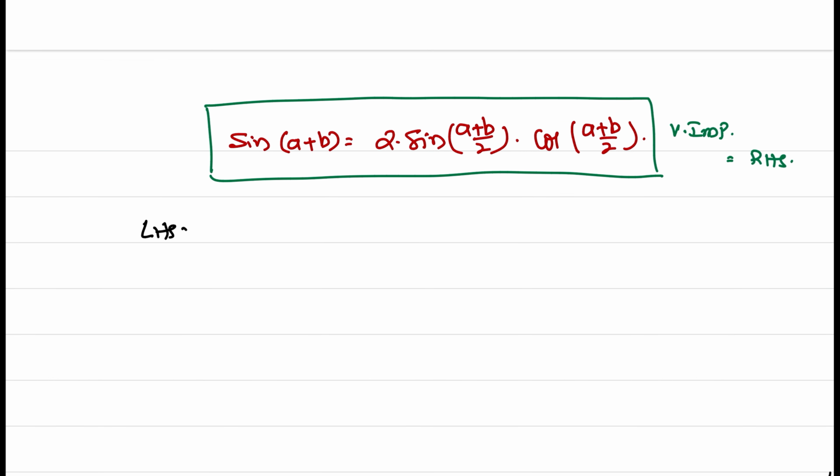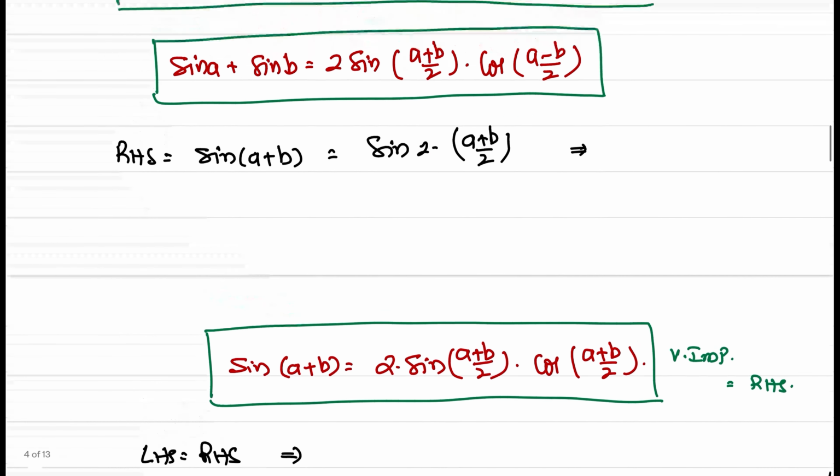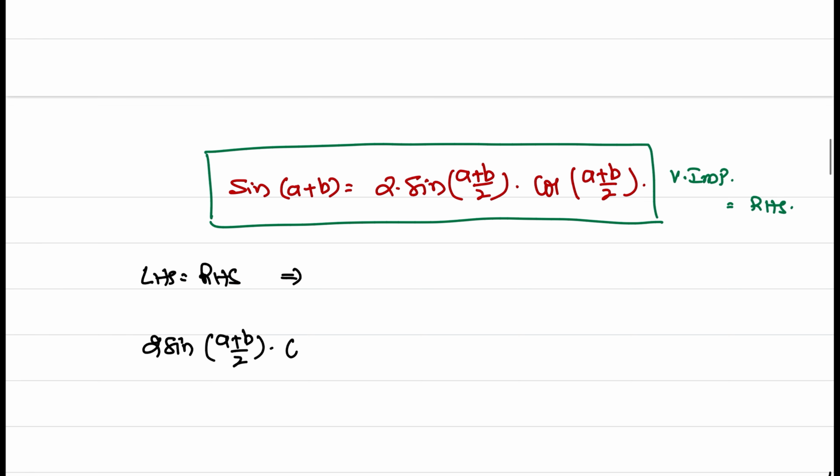Left hand side equals right hand side implies 2 sin((A+B)/2) into cos((A-B)/2) is equal to 2 sin((A+B)/2) into cos((A+B)/2).